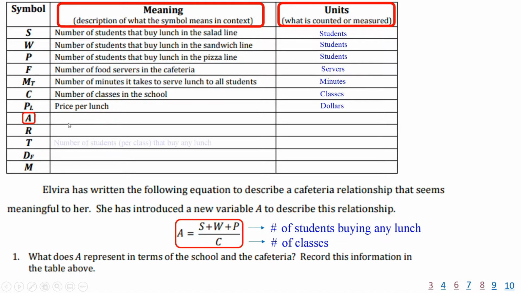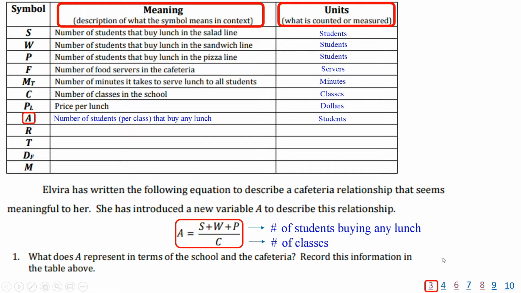Look at that. And what's being measured there again? Students. Okay. Let's make sure we answered this. What does A represent? Number of students per class that buy any lunch. Great, we're good. Nice job.